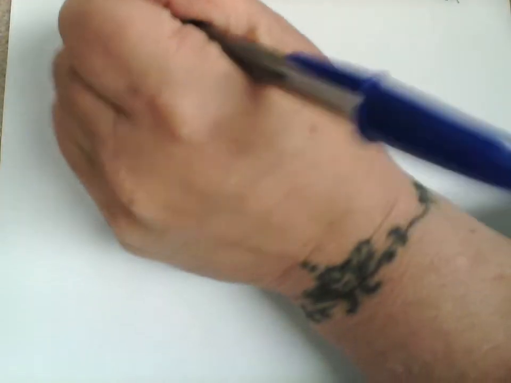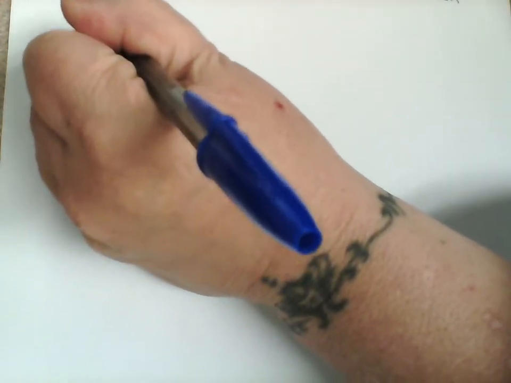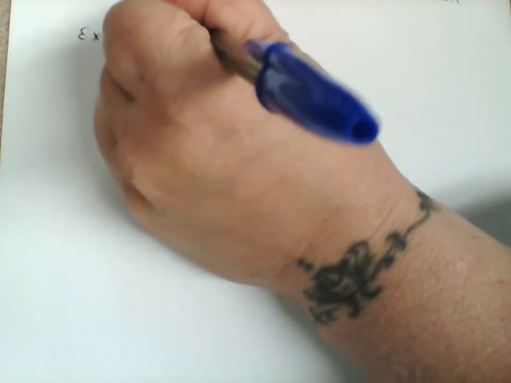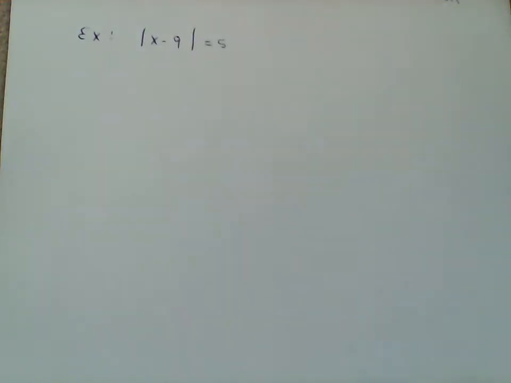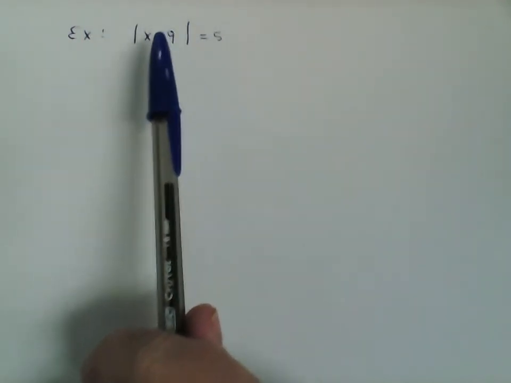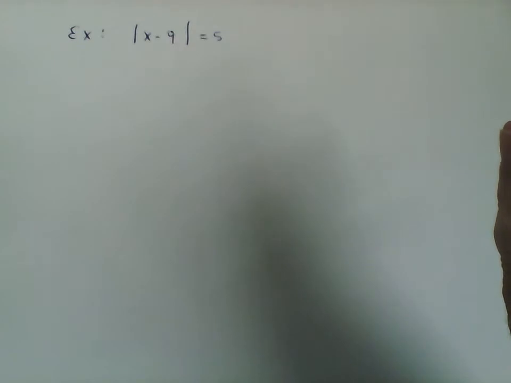All right. Say I have the example, the absolute value of x minus 9 equals 5. Now I'm going to start by writing two separate equations. It says I have to isolate the absolute value expression. Well, it's already isolated. It's the only thing left on this side of the equal sign is what's inside the absolute value.